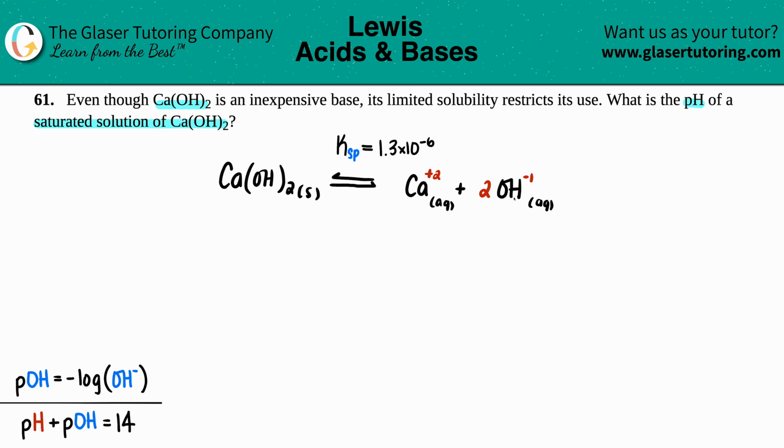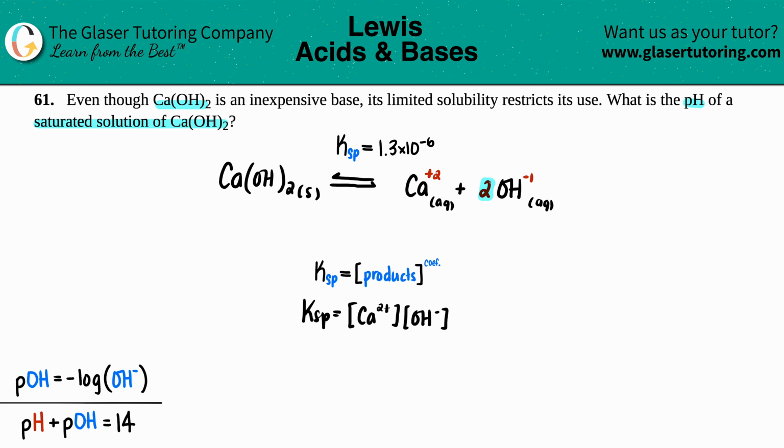So from there, we can just write our specific Ksp equation. The general one is Ksp equals the concentration of the products raised to their coefficients. So let's do ours. Ksp equals the concentration of the two products, calcium 2+ times hydroxide OH-, and make sure you raise them to their coefficients.